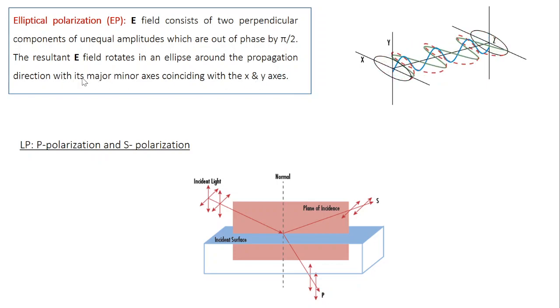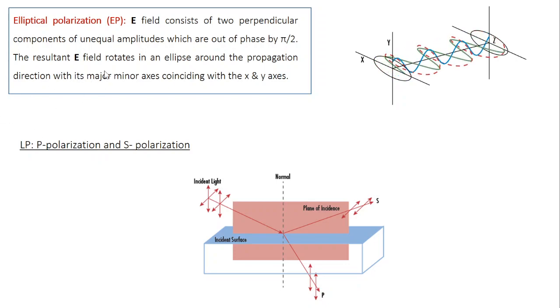How do we achieve that practically? You can use an optical component known as a waveplate. So basically, a waveplate introduces a phase difference between the two orthogonal components. You learn more about this in your optics course, but I'll just give you a gist of it. If you use a quarter wave plate, it introduces a phase difference of pi by 2.